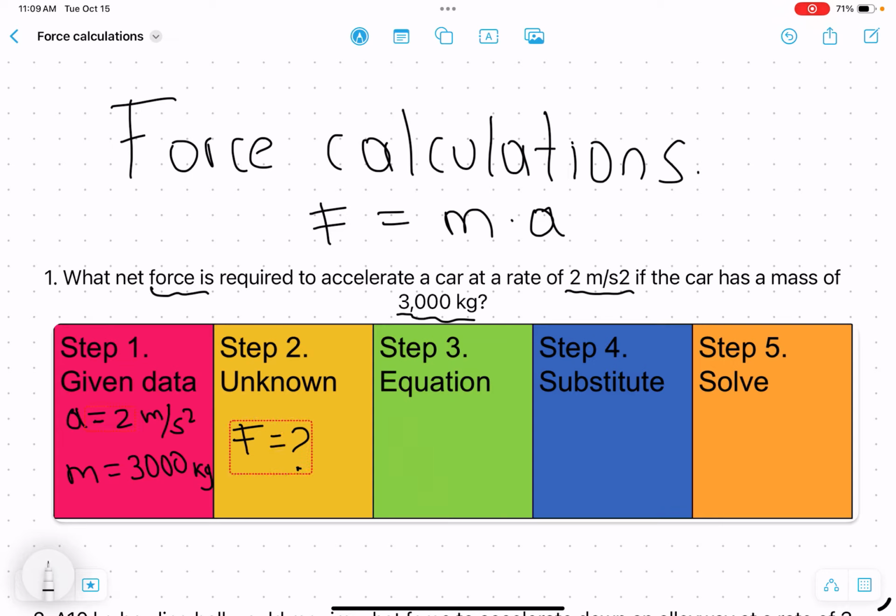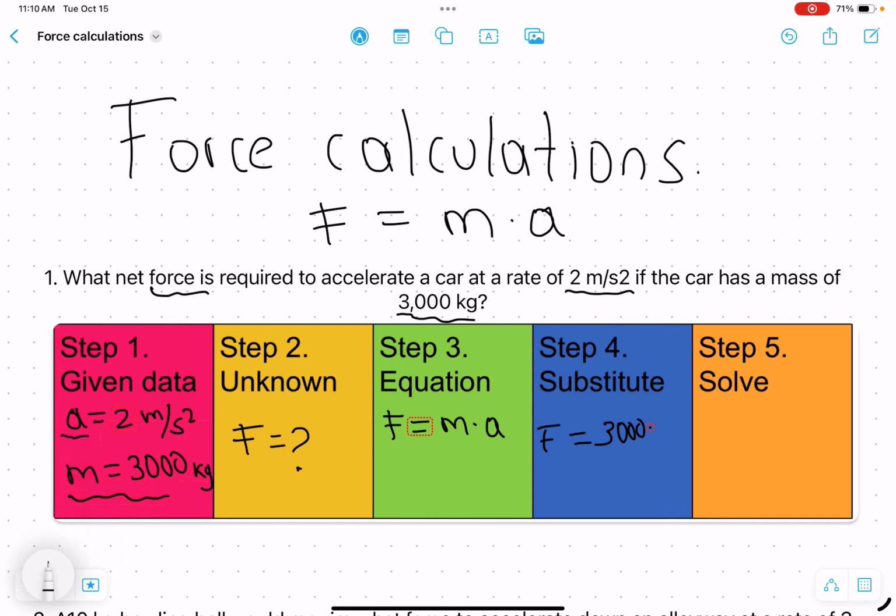And what is the equation? Force equals mass times acceleration. You're going to substitute, which means that instead of letters, you're going to write the numbers. So force equals mass, and how much is the mass? It was 3,000 times the acceleration. How much was the acceleration?